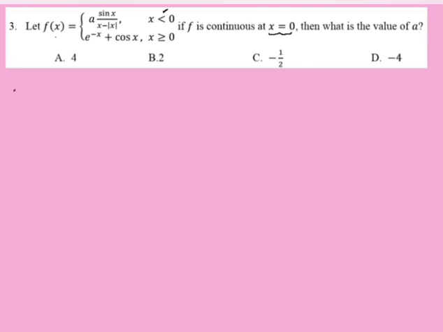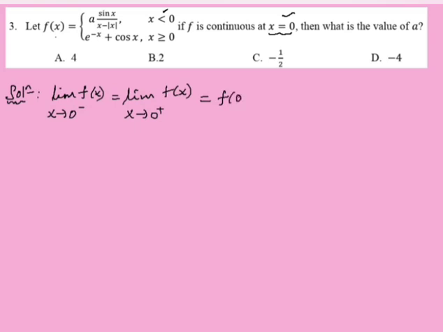So such kind of problem is common in the case of continuity. The only thing that you can do is apply the condition for continuity at a point, which is the limit of f of x as x approaches the given point 0 from the left must be the same as the limit of f of x as x approaches 0 from the right, which is again the same as the functional value.